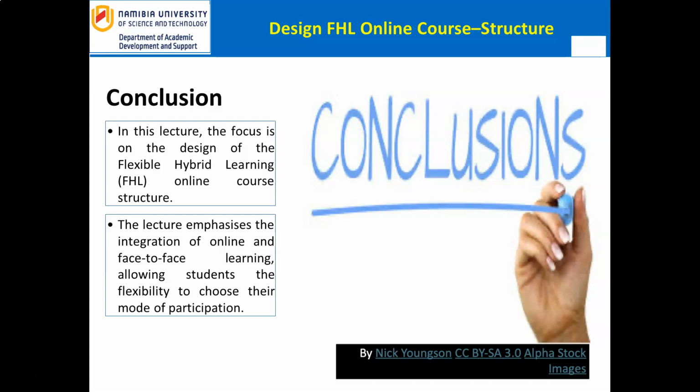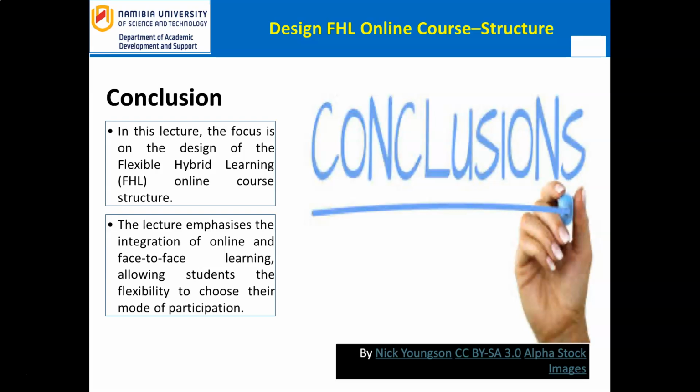The lecture also provides a brief overview of NUST's student demographics, identifying on-campus and off-campus students, and the specific challenges they face. Additionally, it discusses the strengths and weaknesses of students within the FHL model, such as the necessity for self-discipline and access to technical resources.